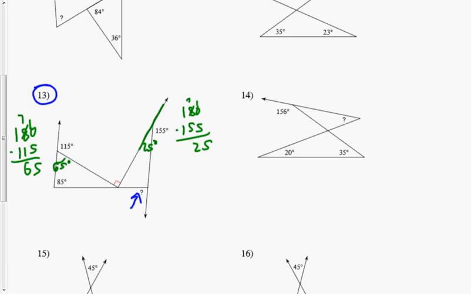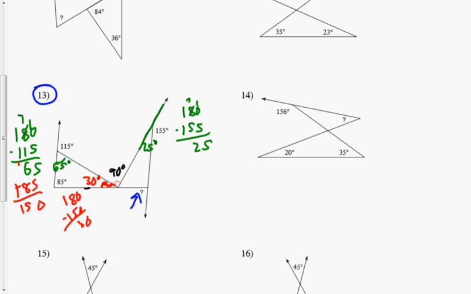All right, so 65 and 85, plus this one, should add up to 180. So 65 plus 85 is 150, meaning 180 minus 150, which is 30, would be this angle. Okay, I know a right angle is 90 degrees, so we can add that in here.